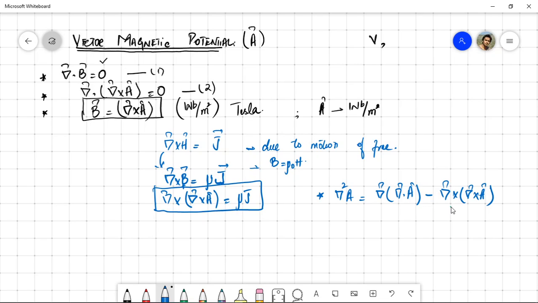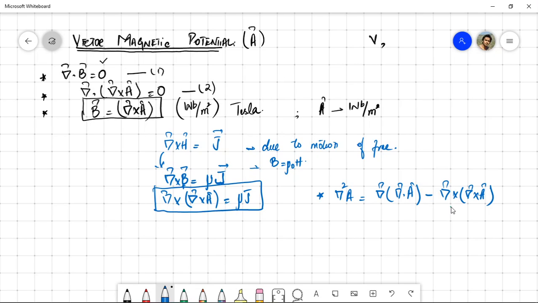Once again, it is not as simplified as we want it to be, but still we will get something to work with, and we will try to simplify that a little bit more. So what he is doing here is putting in the value of nabla cross nabla cross A by using this equation.